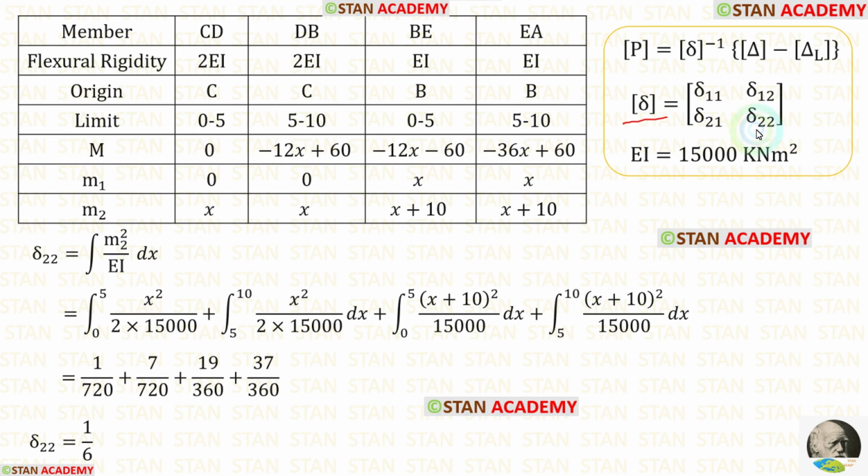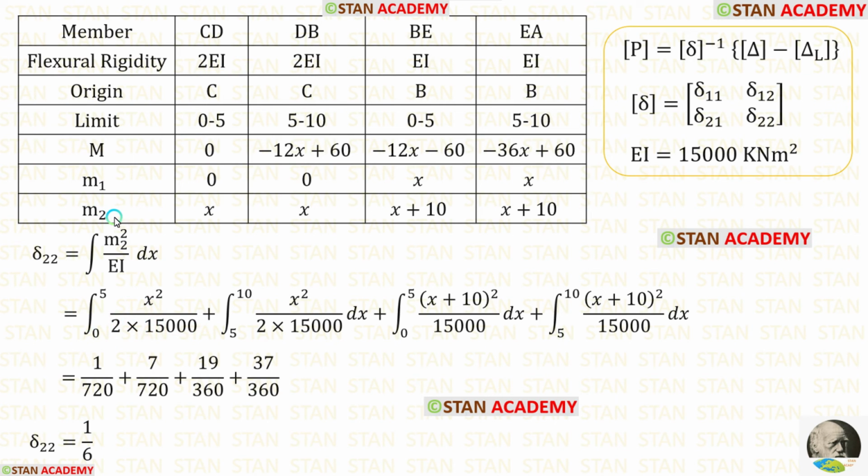In this matrix, now let us find delta 2,2. The formula is integration of m2 square upon EI dx. In CD, first time we have a value. For CD, the limit is 0 to 5. The flexural rigidity is 2EI, so we have to multiply the value of EI with 2.